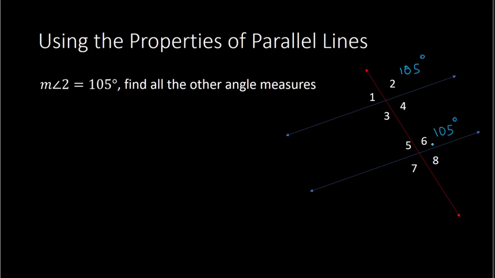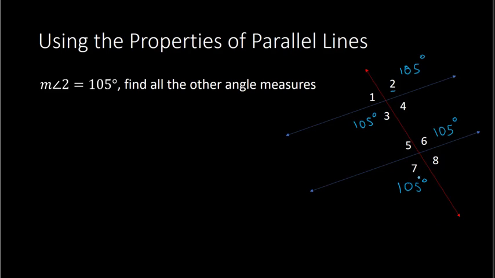We also know that alternate interior angles are the same. So angle 3 and angle 6 both would be 105 degrees. We know that alternate exterior angles are the same. So looking here at angle 2, the alternate exterior angle to angle 2 is going to be angle 7. So that would also be 105 degrees.